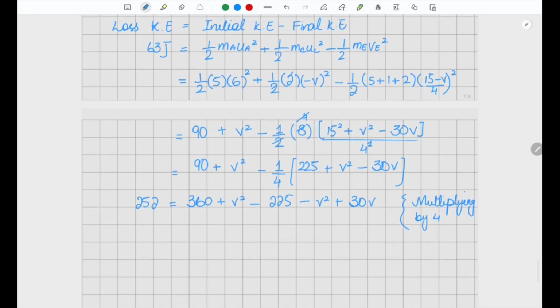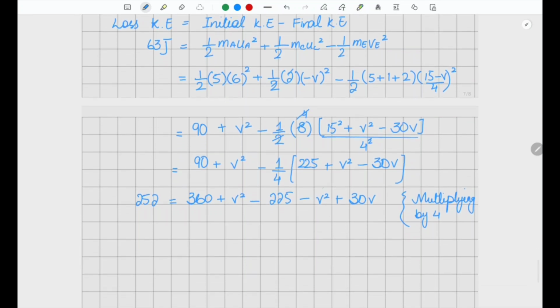Now solving, v square and v square will be cancelled out. Is it fair now? No, wait, it won't be, because we multiplied the whole equation by 4, so it also becomes 4v square. Okay, so 4v square minus v square will be 3v square.